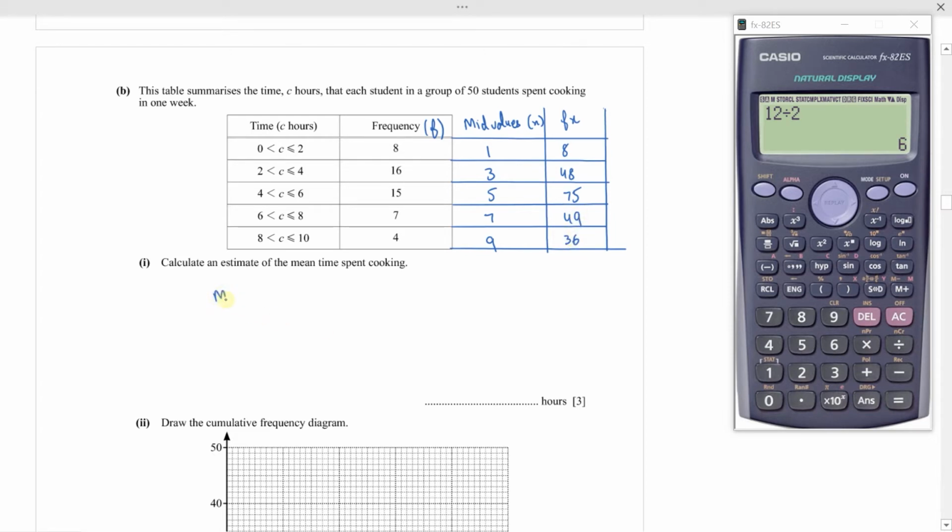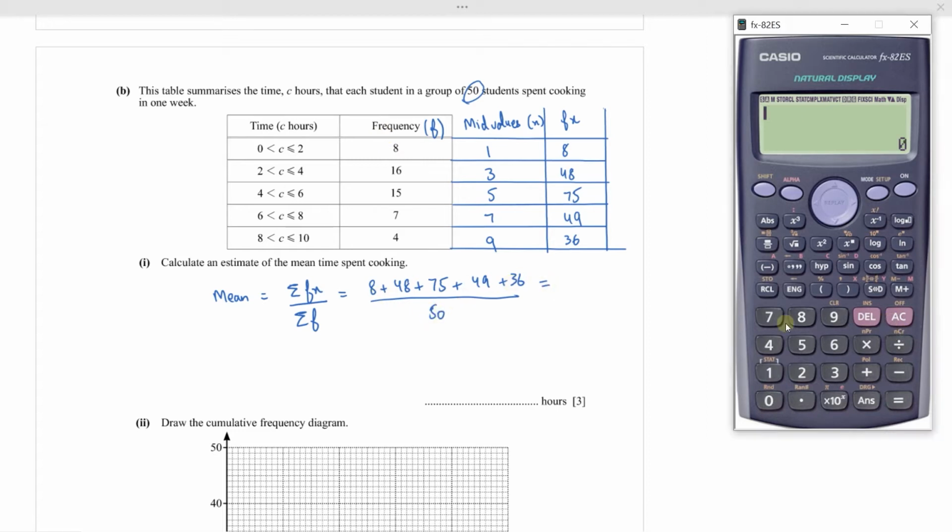So now your mean value will be sigma fx divided by sigma f. Basically you add up all these products, 8 plus 48 plus 75 plus 49 plus 36, divided by the sum of all your frequencies, which you know is 50, because the data given here is for 50 students.